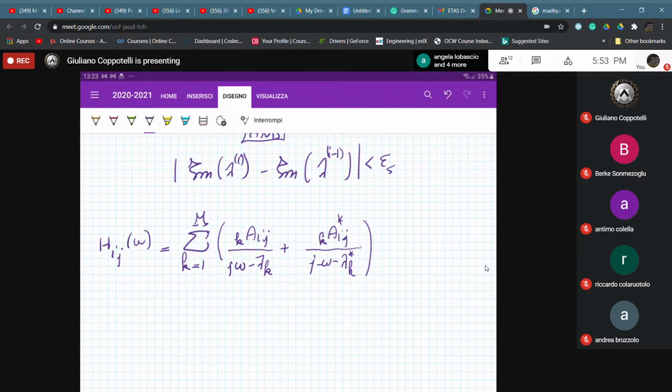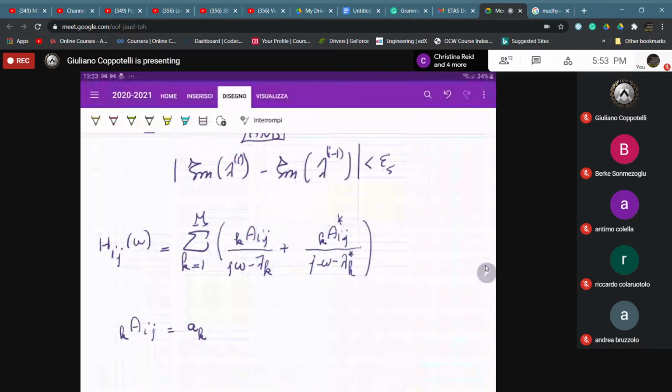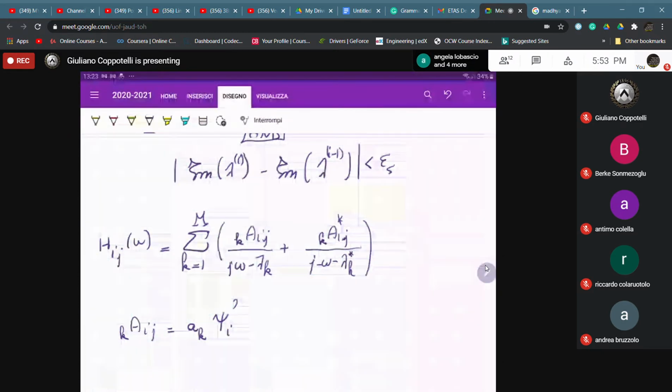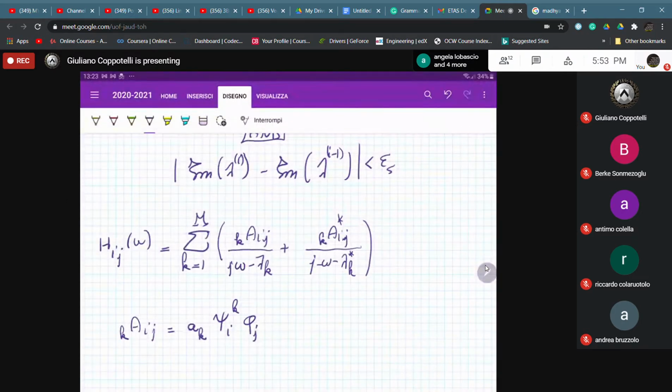We didn't prove that, but I already informed you that these residual terms are all related to the mode shapes by this relation. A_ijk of the mode is equal to an arbitrary complex constant that is scaling your mode, and then psi_ik, psi_jk.